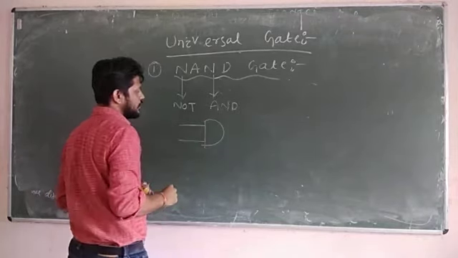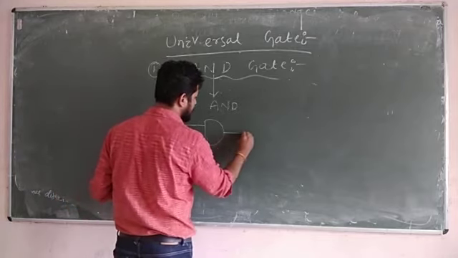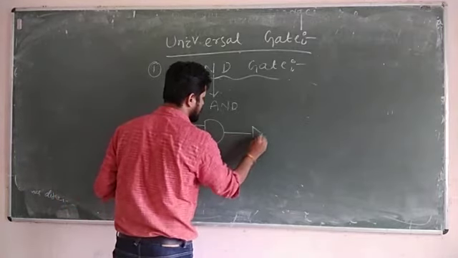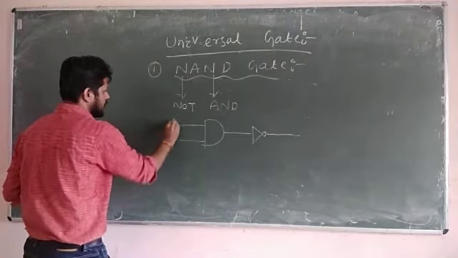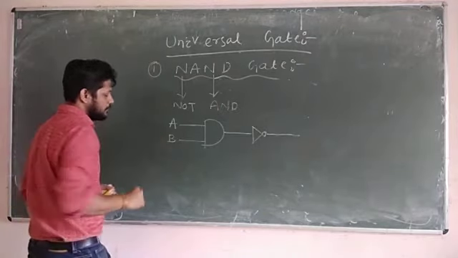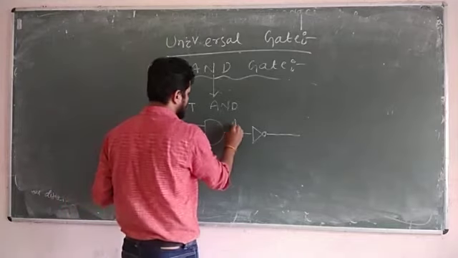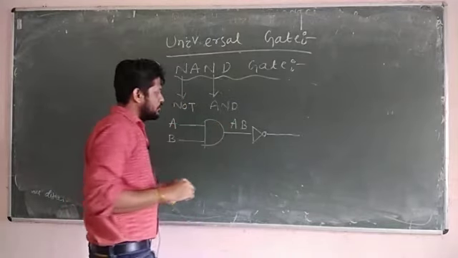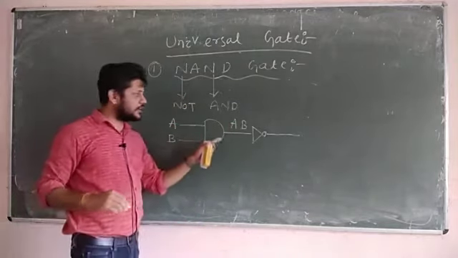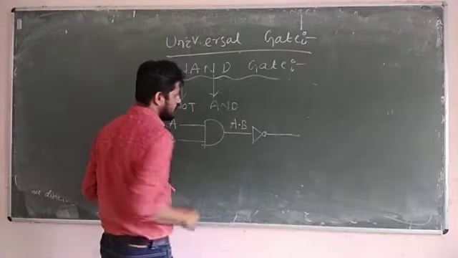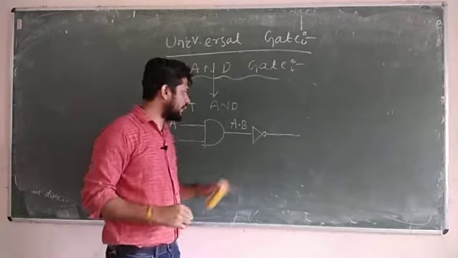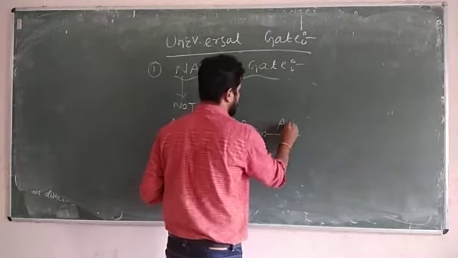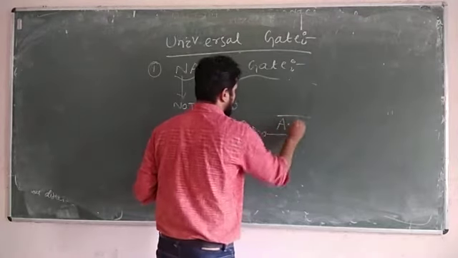So, this is the symbol of your AND gate. Cascading means I am connecting a NOT gate in series. So, for example, this is your A, B. Obviously, after passing through the AND gate, the result will be A and B. Now, this A and B is applied to your NOT gate. So, finally, you will have A and B whole complement.